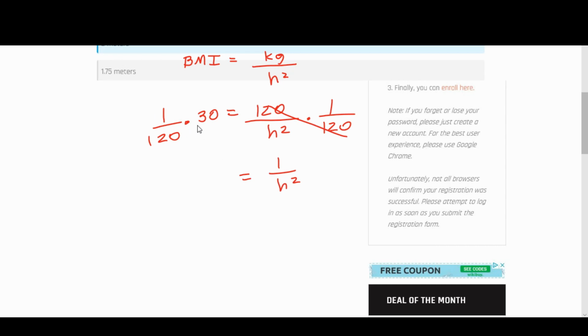When you multiply this out, again, you can put 30 over 1 to make it a fraction, but we can reduce this before we go any further. I recognize that 30 goes into 120 4 times, so 30 goes into 30 once, and 30 goes into 120 4 times, so this becomes 1 over 1 times 4, which is 1/4.